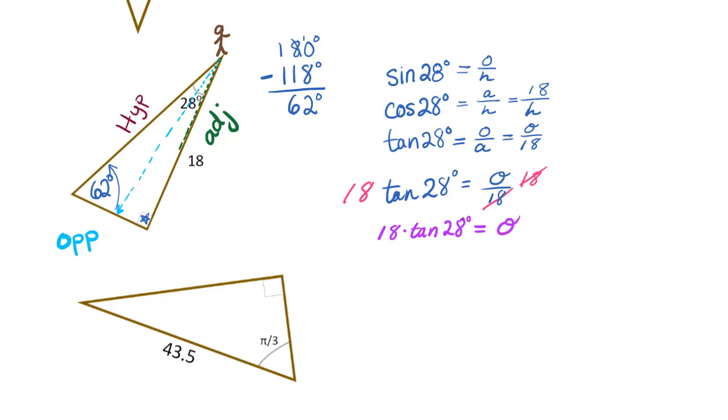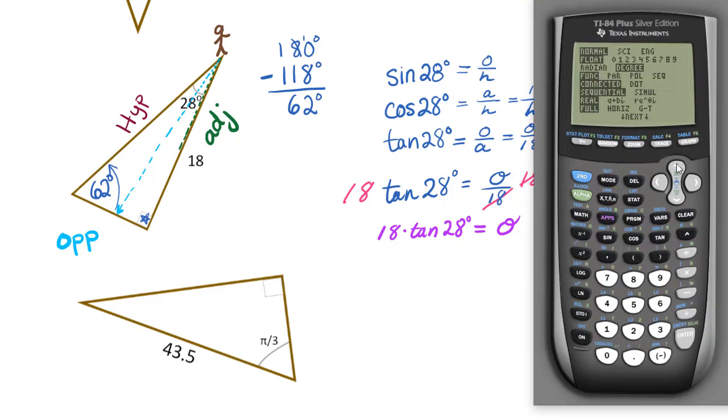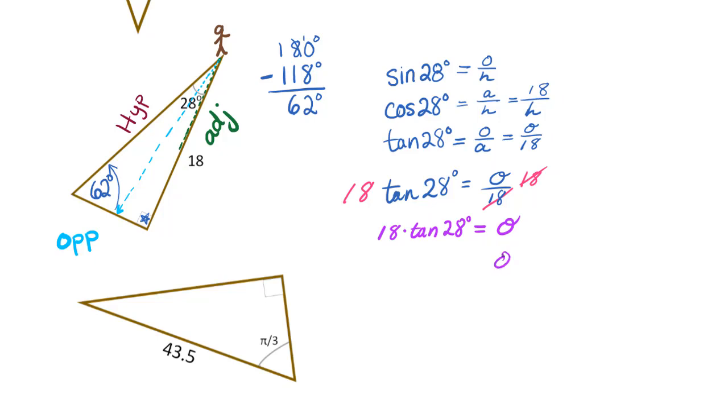Now we can just put this in our calculator. Check mode first to make sure you're in degrees. We are indeed in degrees, so we are good to go. I'm going to take 18 and multiply it by tangent of 28 degrees. And we get 9.57. So the opposite side is 9.57.